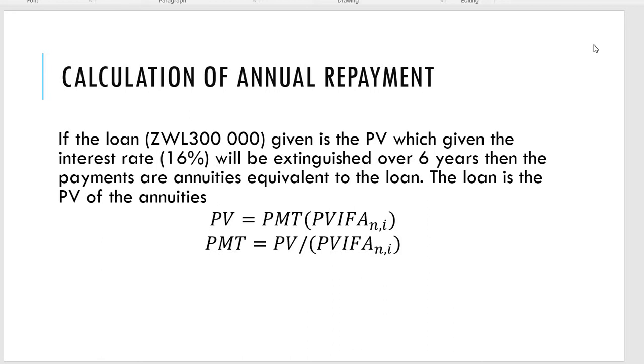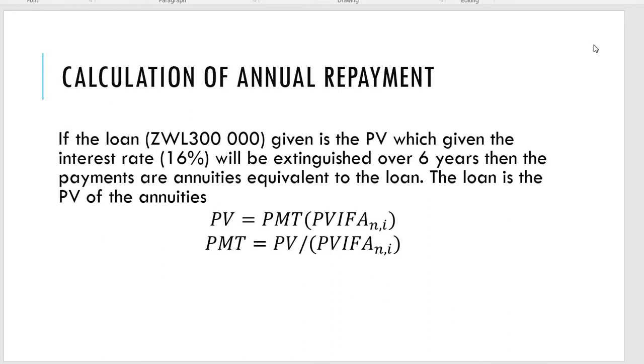Okay? So the loan is the present value of those payments which are being made over a 6-year period at 16%. So the PV, which is the loan, is equal to the payments, which is the annuity, multiplied by the present value interest factor of the annuity for 6 years at 16%.